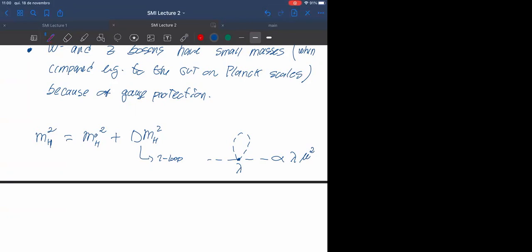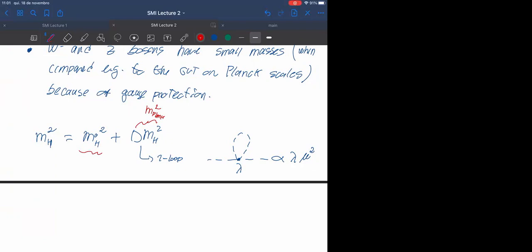So which means that this contribution, so here you have m Planck squared, contained in that delta. This delta means it's a correction to the mass, but it's a huge correction.